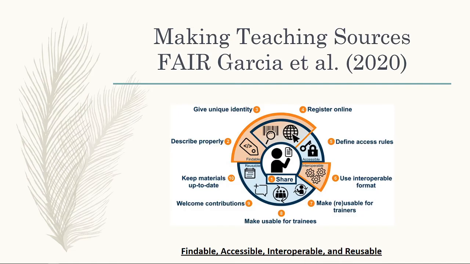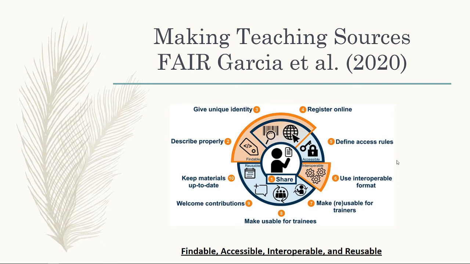In addition, they follow FAIR guidelines. What FAIR stands for is findable, accessible, interoperable, and reusable. As I mentioned, every resource we recommend is accessible for you to use. Through the database that's been created, you can type in any keyword or any topic and it's easily findable. They're in a format that can be downloaded, or interoperable, and you are free to reuse it as much as you want.